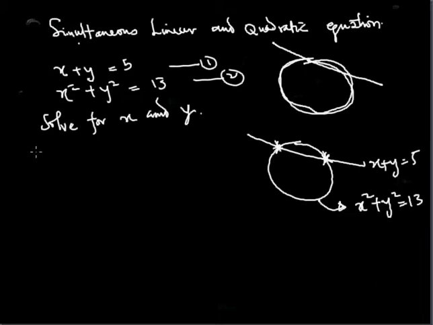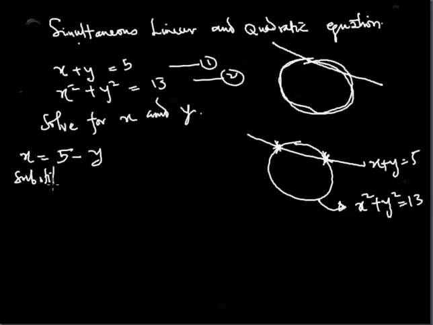What you need to do first is to make a particular variable the subject of the formula in the linear equation, using the substitution method that we have studied in previous lessons. Take for instance, x is equal to 5 minus y.